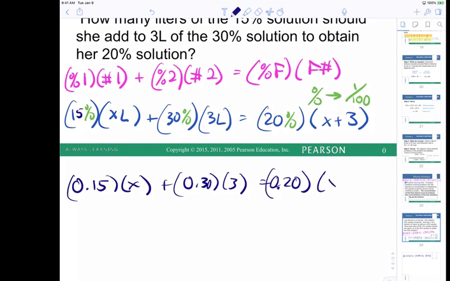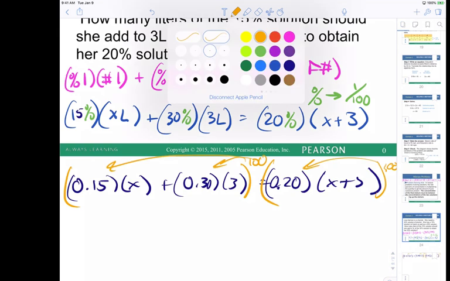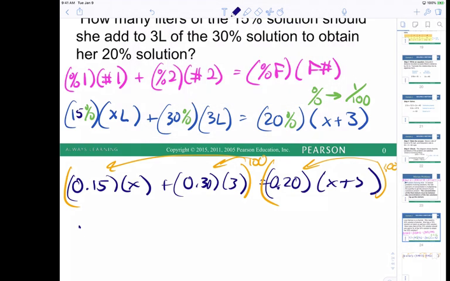But then, just like last time, to get rid of the decimals, what do we do? In this case, it'll be 100 because it's 2 decimal places. So if we multiply the left by 100 and the right by 100, ultimately we're going to get 15x plus 30 times 3 equals 20 times x plus 3.